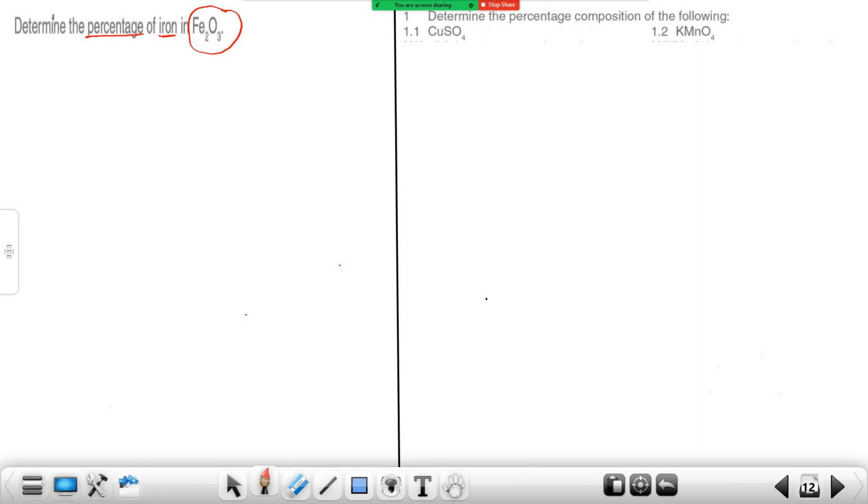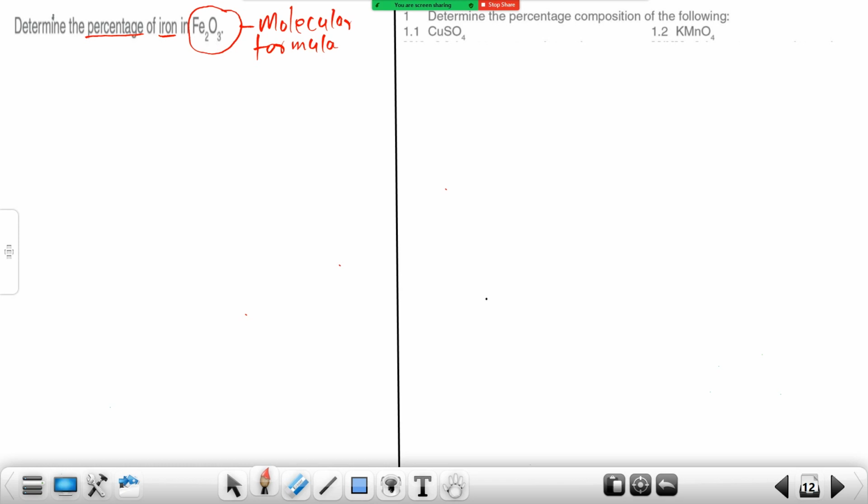Step number 1, we have our molecular formula, which is Fe2O3. Step 1, determine the molecular mass of each element. So how many elements do I have here? I have iron, I have oxygen.